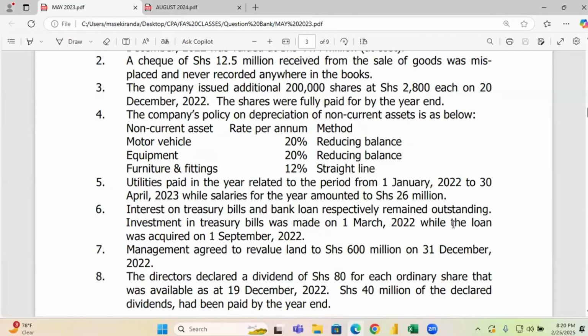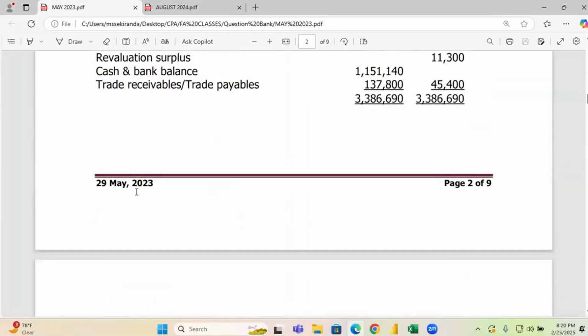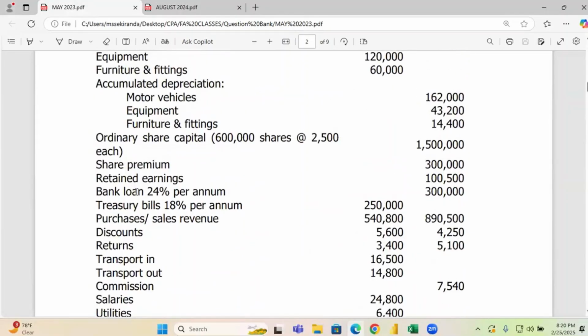Then interest on loan. Remember, interest on loan is an expense. They're telling us it also remained outstanding, and we got the loan on 1st September. So September, October, November, December, 4 months interest. We had to pay 4 months interest on loan that year. The examiner must have given us a bank loan.